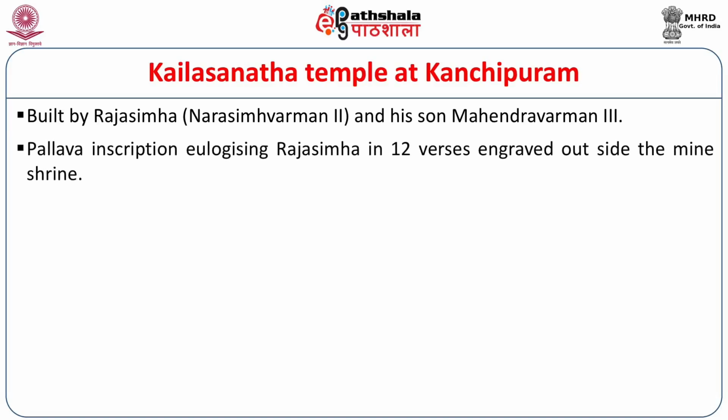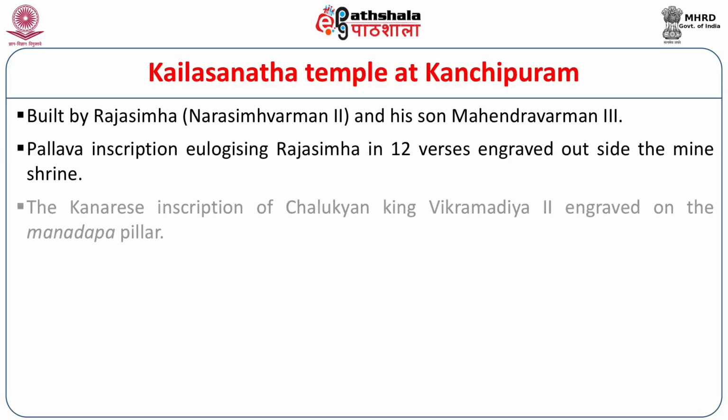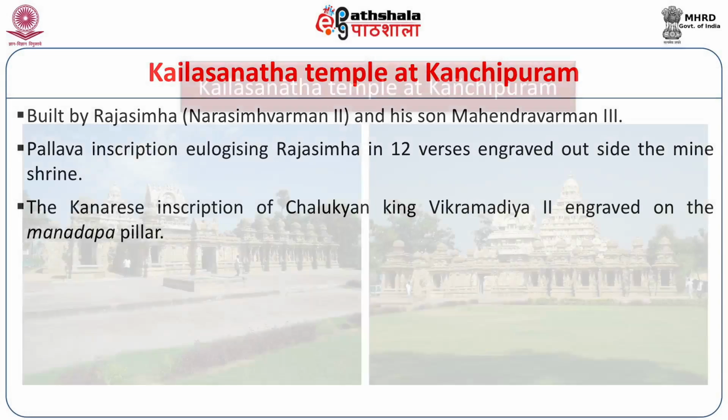The Pallava inscription praising Rajasimha, or Narasimhavarman II, in 12 verses is engraved outside the main shrine of this temple. The Kannada inscription of the Chalukyan king Vikramaditya II is also engraved on the wall of the Mandapa pillar.